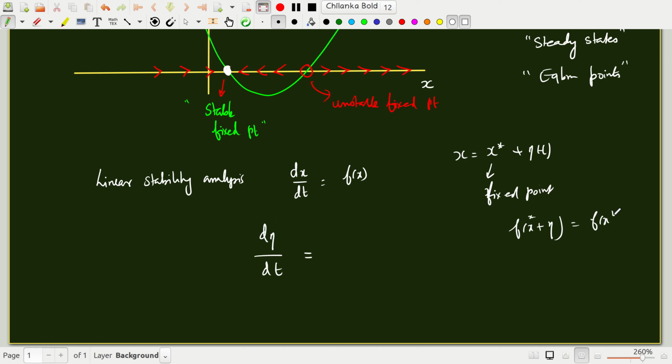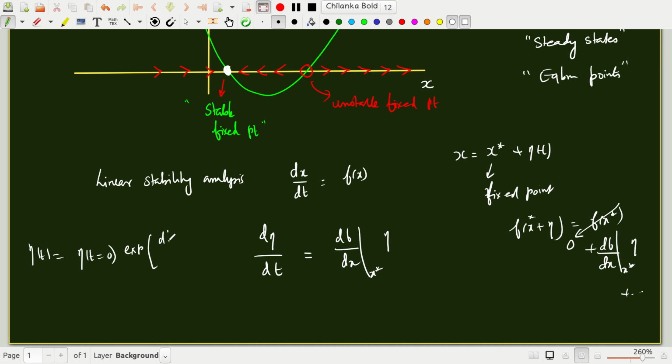This is f of x star plus df by dx evaluated at x star times eta and so on. By definition, f of x star is 0. So what I will get is simply df dx evaluated at x star times eta. Now if I solve this equation, then I'll get eta of t equal to eta of 0 times exponential of df by dx at x star times t.